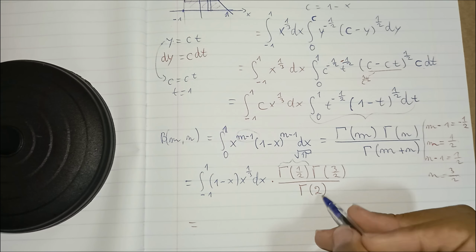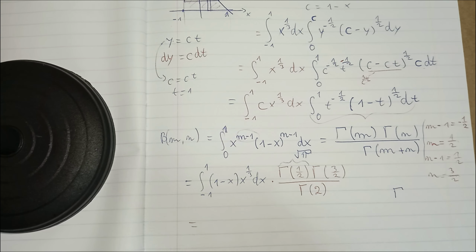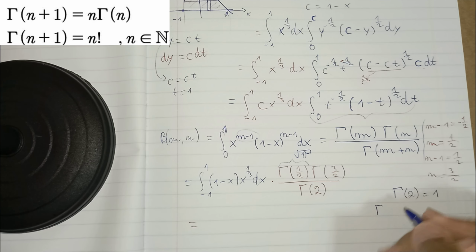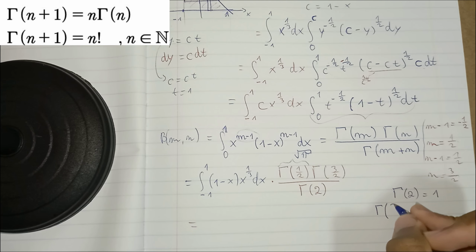And gamma of 2 is equal to 1. Note, I'm not memorizing this stuff, guys. There is a property that we can use for gamma of 2. Then gamma of 3 over 2.